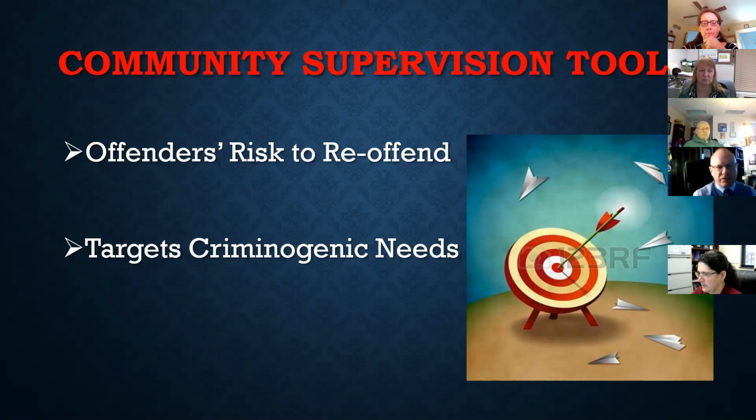Our POs are assigned geographically, and they have 60 days, and we'll go through that, to do the tool. Again, it's the offender's risk to reoffend that we're looking at. What's their likelihood of reoffending if we didn't do anything? And then what criminogenic needs are identified as scoring high that we need to target to reduce recidivism.